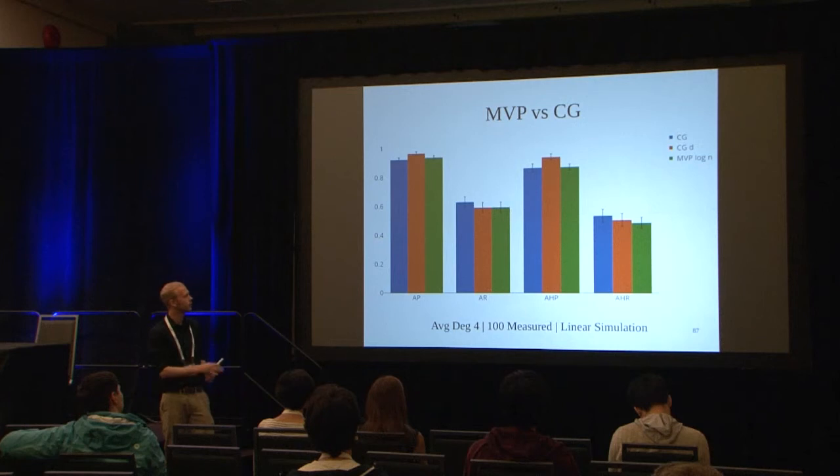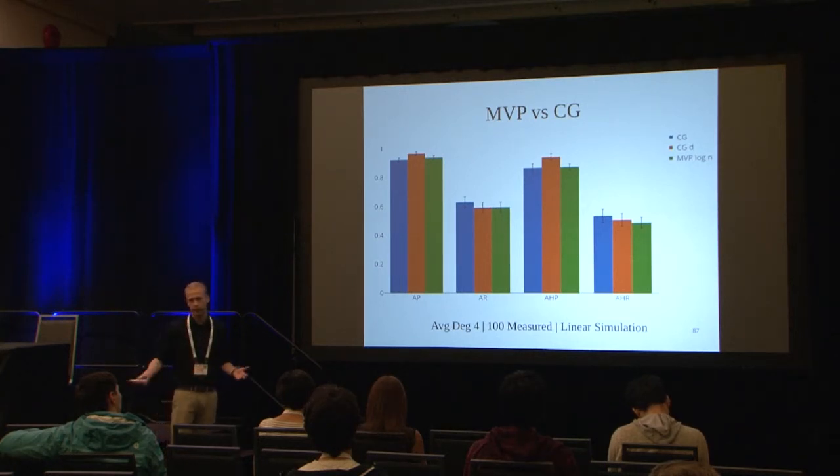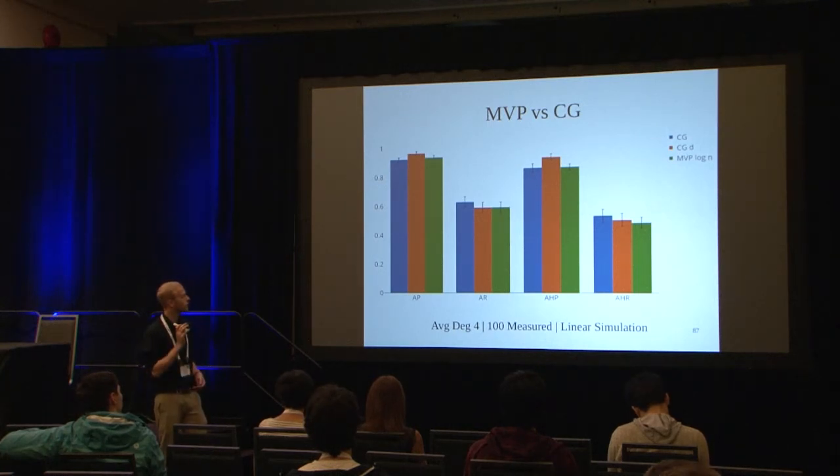But I just included MVP log n since it seemed to do pretty much about the same as all the other ones, or better. So here, we can see that the conditional Gaussian variants, with and without the discretization heuristic, do pretty much as well or better than MVP, and therefore also the logistic regression. But in general, they all perform pretty well.